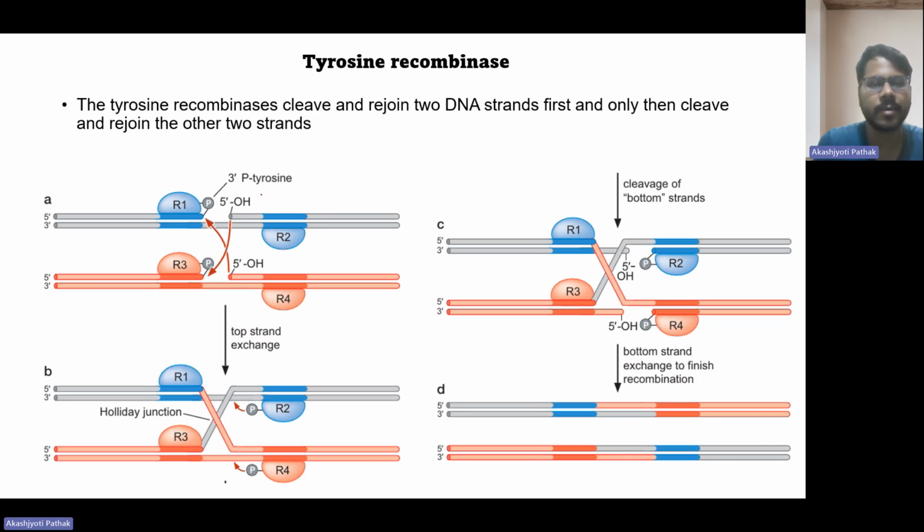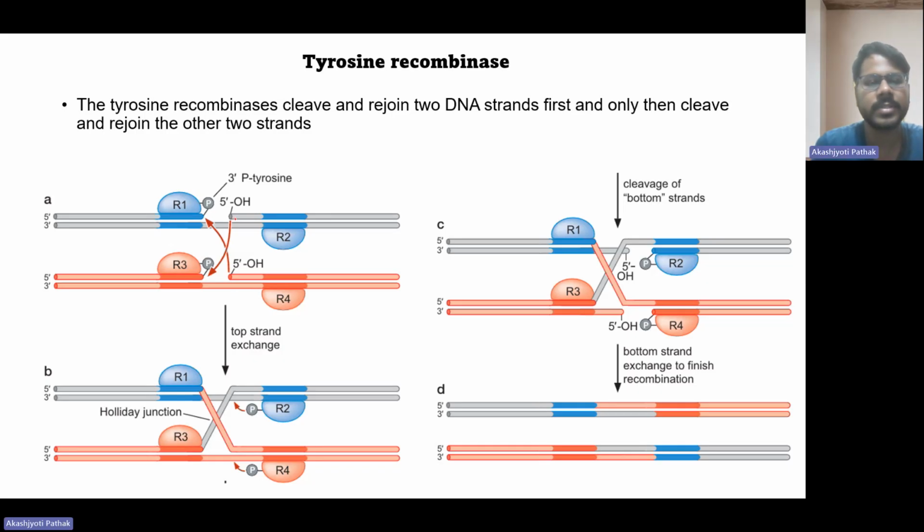And then similarly, you can see this figure, and it has been explained very nicely. So after these breaks are created by this tyrosine recombinase, there is exchange. So this part comes and joins with this part. Okay.